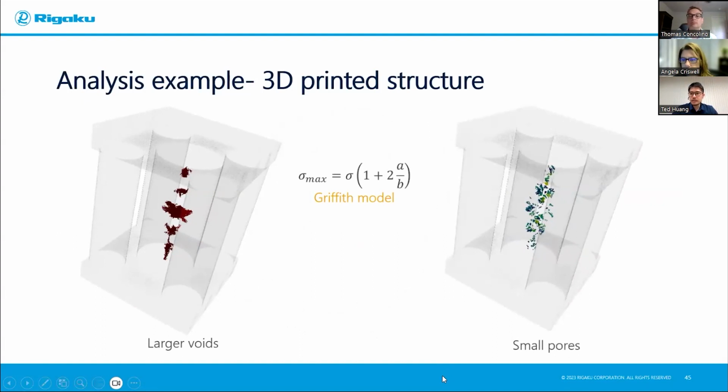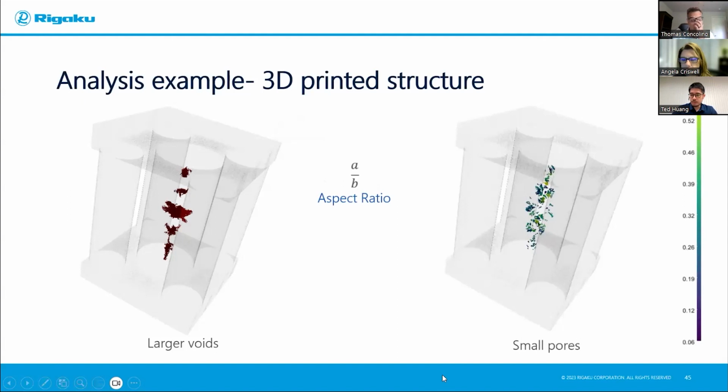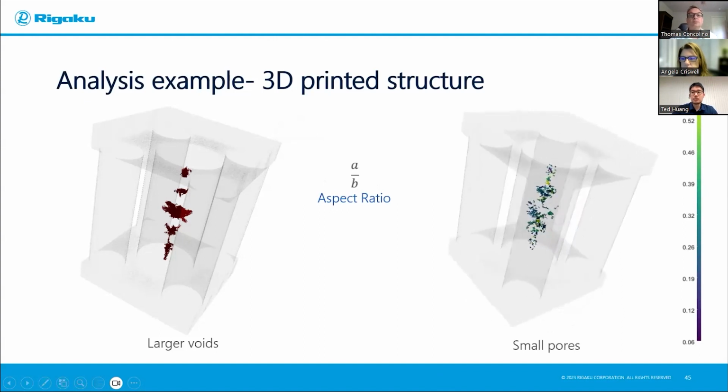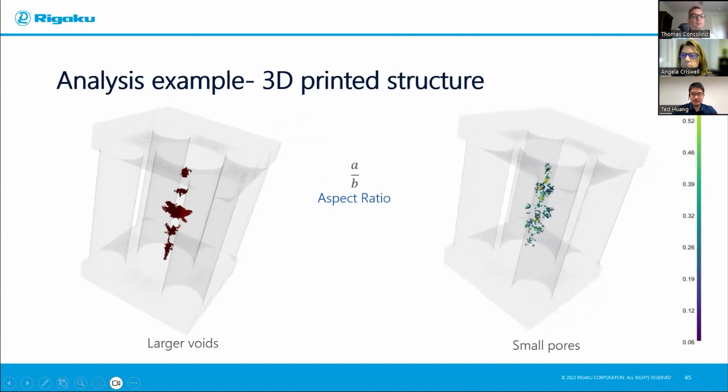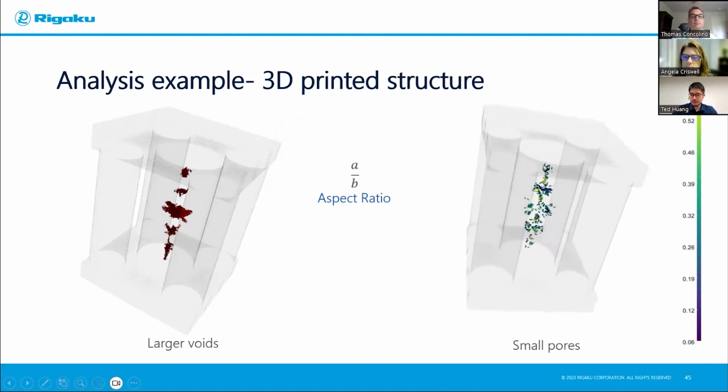So why not just look at the dimension of them? In this Griffith model, remember the a over b, that's the dimension of your crack or voids, which is basically aspect ratio. So I just ran an aspect ratio analysis on the smaller pores, and I will have a distribution, color-coded and also in a non-numerical definition, of whether they're going to be bad for our product or negligible.